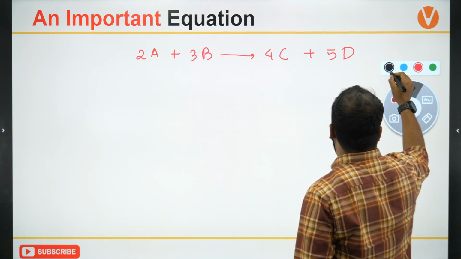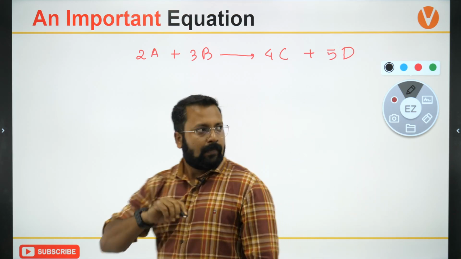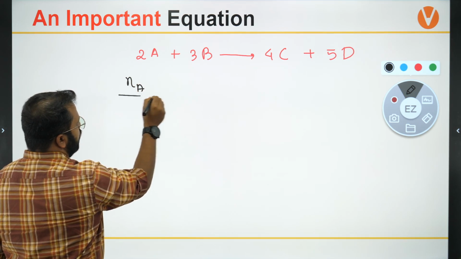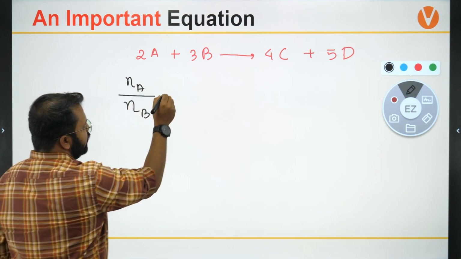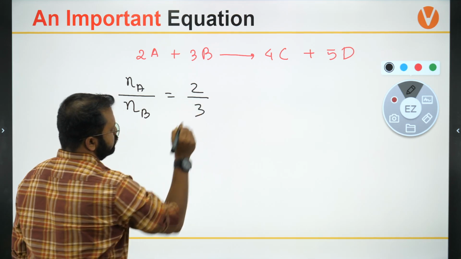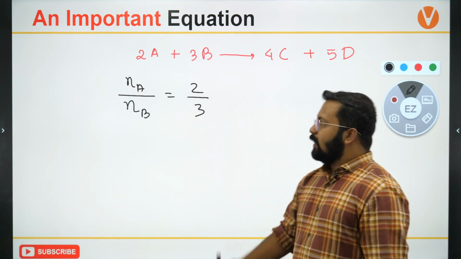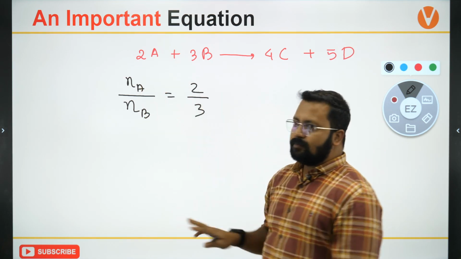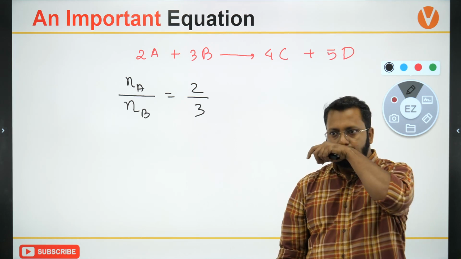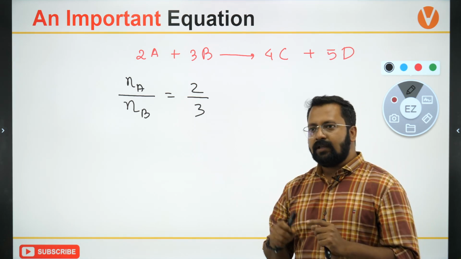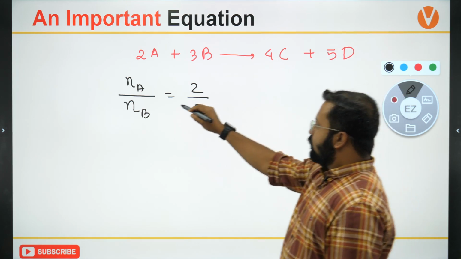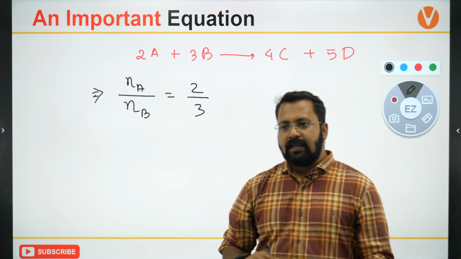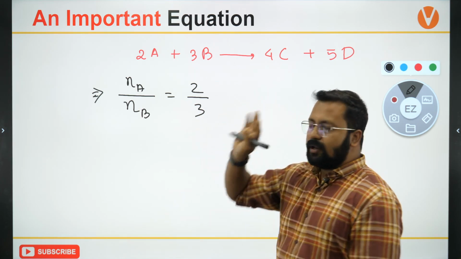Can I say for this reaction, number of moles of A upon number of moles of B is in the ratio of 2/3? Do all of you agree with me? Number of moles of A upon number of moles of B is in the ratio of 2/3.